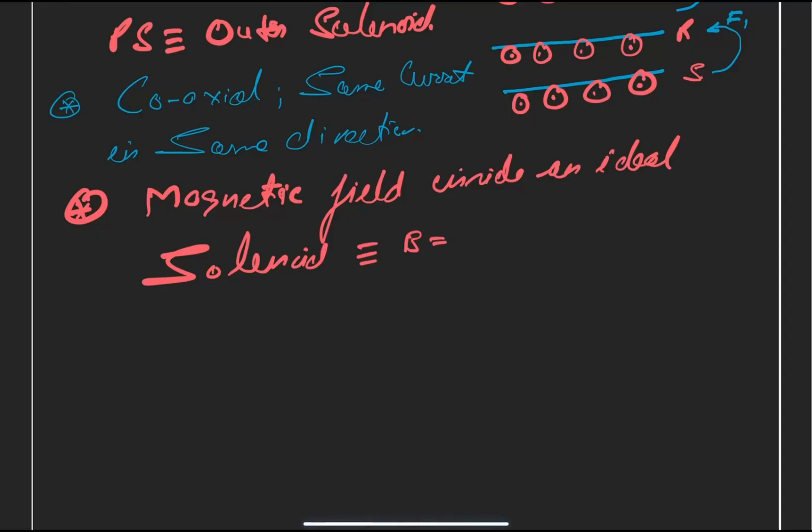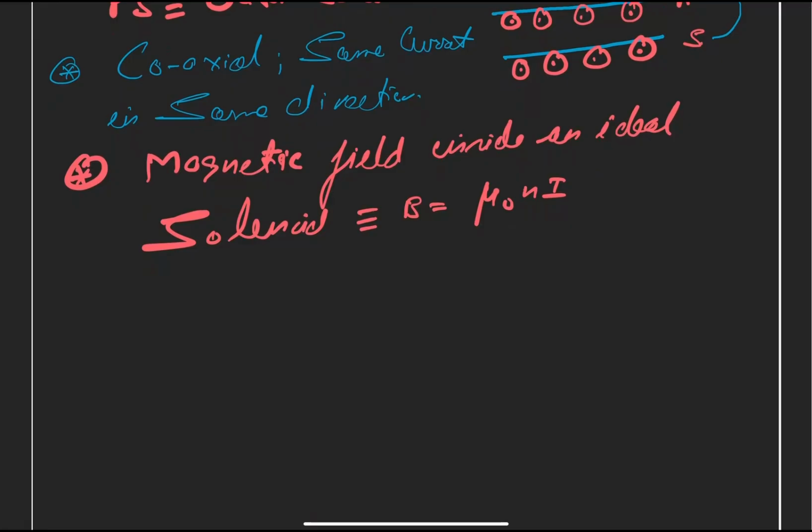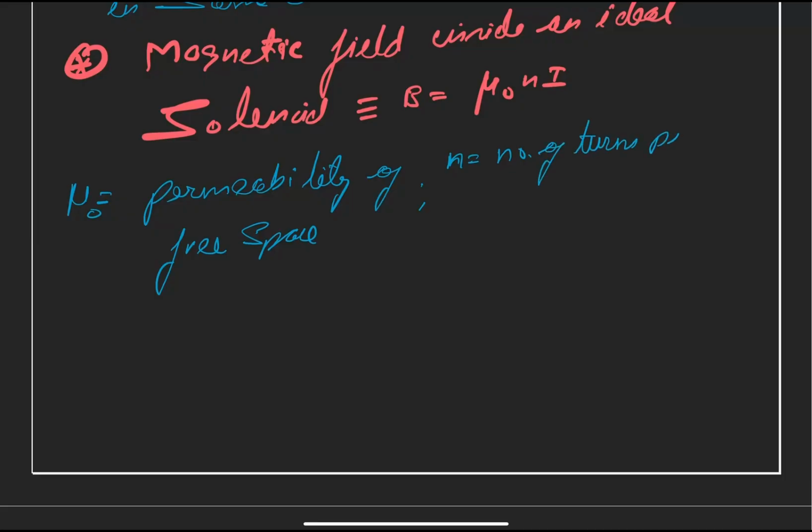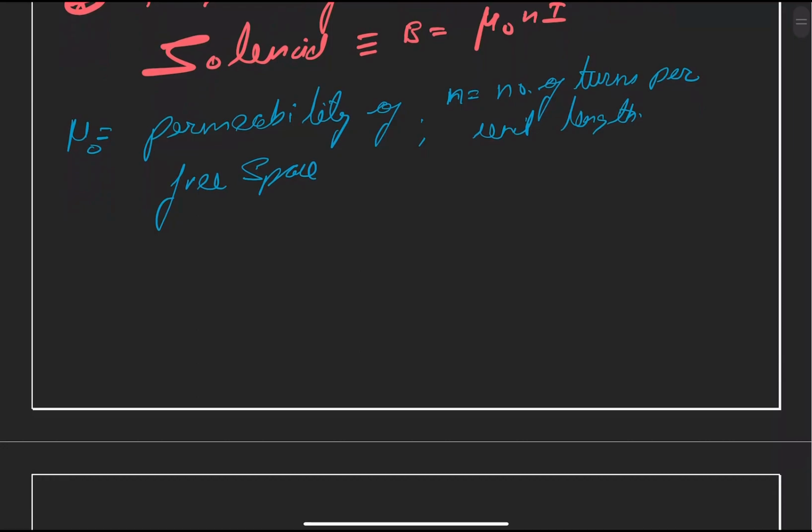It is given as B is equal to mu naught n I, where mu naught is the permeability of free space, small n is the number of turns per unit length, and I is the current.